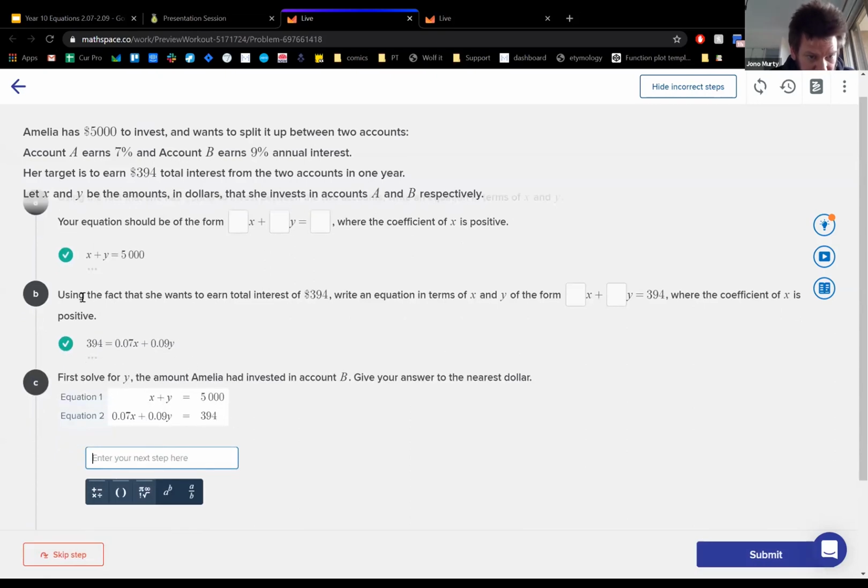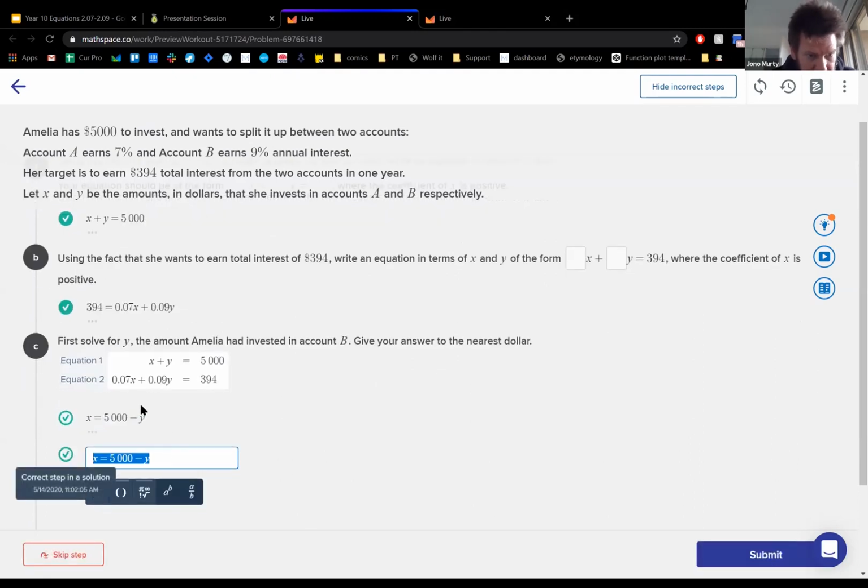We have our two equations now. So let's just do it this way. Let's rearrange the first one, x equals 5,000 minus y. Now we can substitute that in. So we have this equation equals 394.